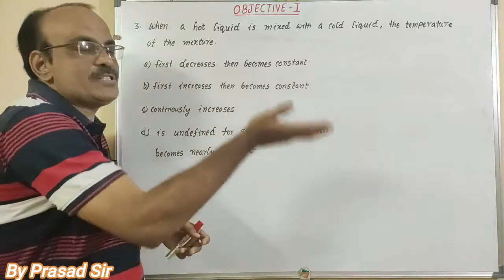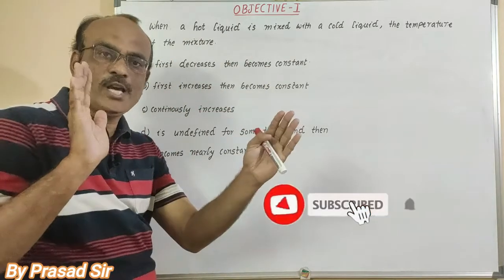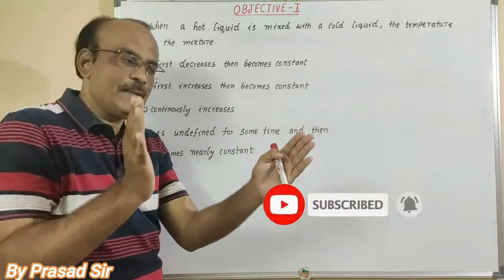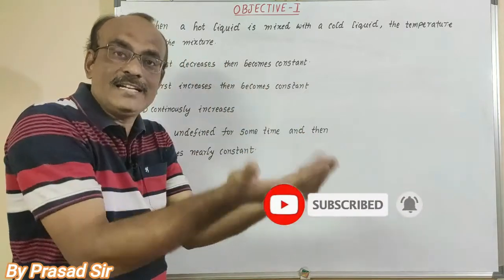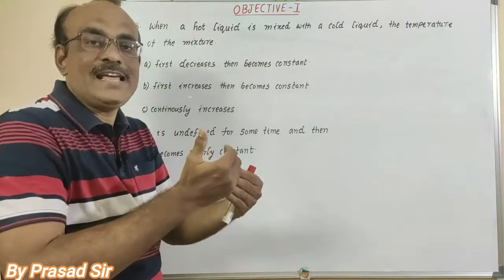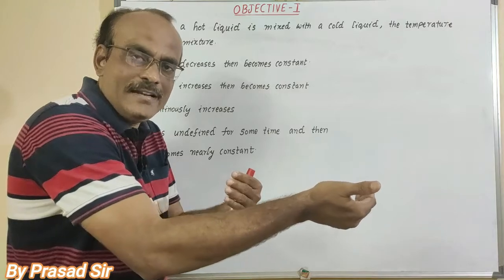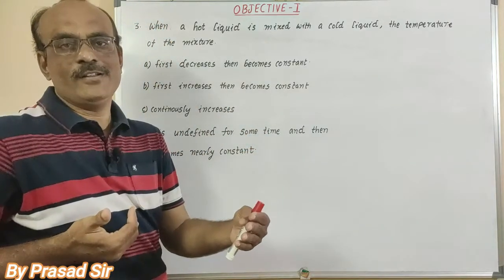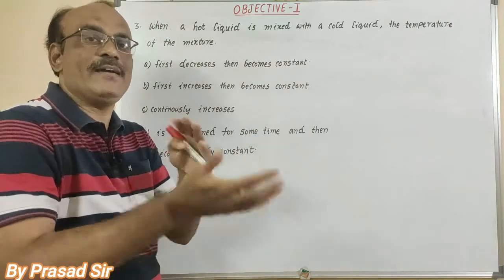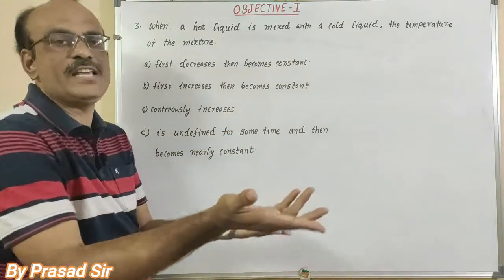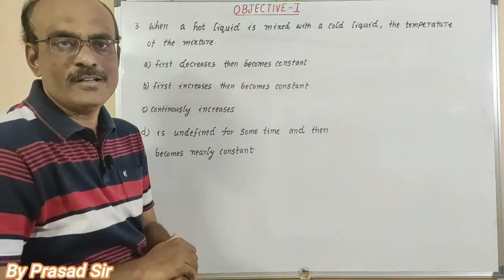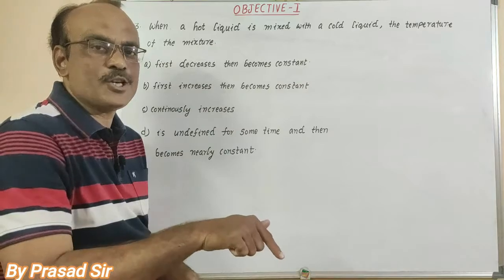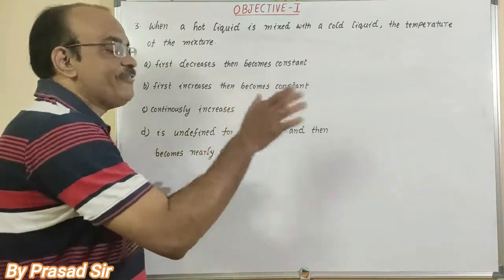Then C, continuously increases. Here there is one cold liquid and one hot liquid, so when both are mixed the resultant temperature must be greater than the cold one and lesser than the hot one, so the resultant temperature may vary. So continuously increases is not the correct option. Which one is the correct option here? It is undefined for some time.